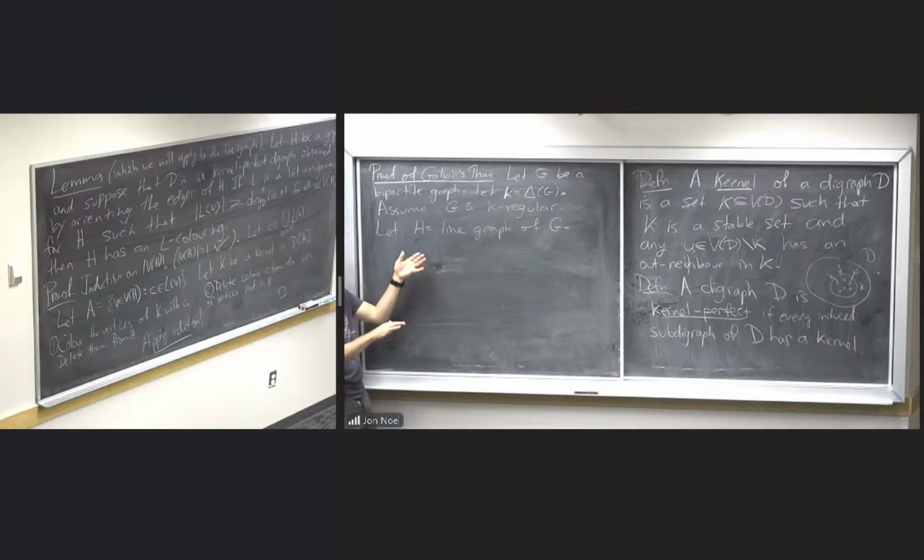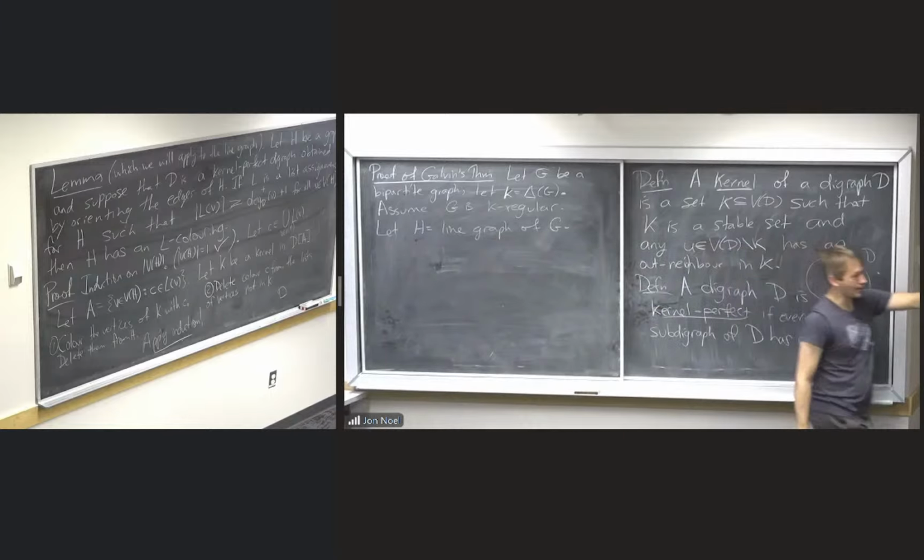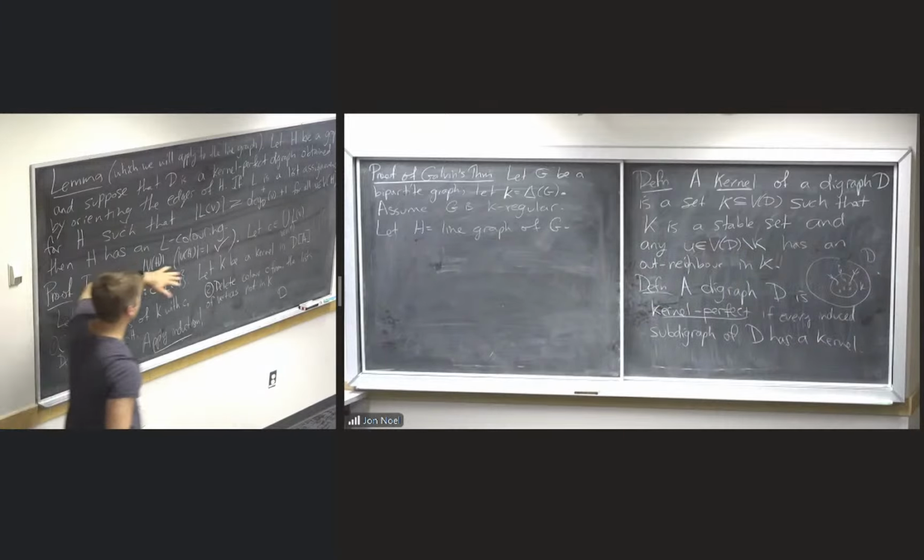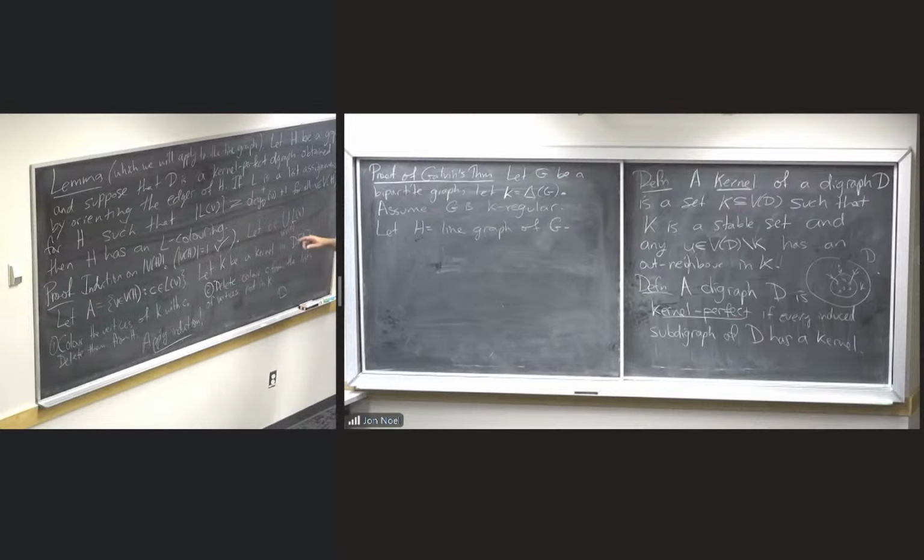I don't need to consider a list assignment of lists. All I want to do is orient the edges of H to get a digraph that's kernel perfect and where all of the out degrees are at most K minus 1. Because this lemma will take care of everything to do with the list coloring. So as long as I can make an orientation D of H that's kernel perfect, and if I can get these out degrees at most K minus 1, then I win.